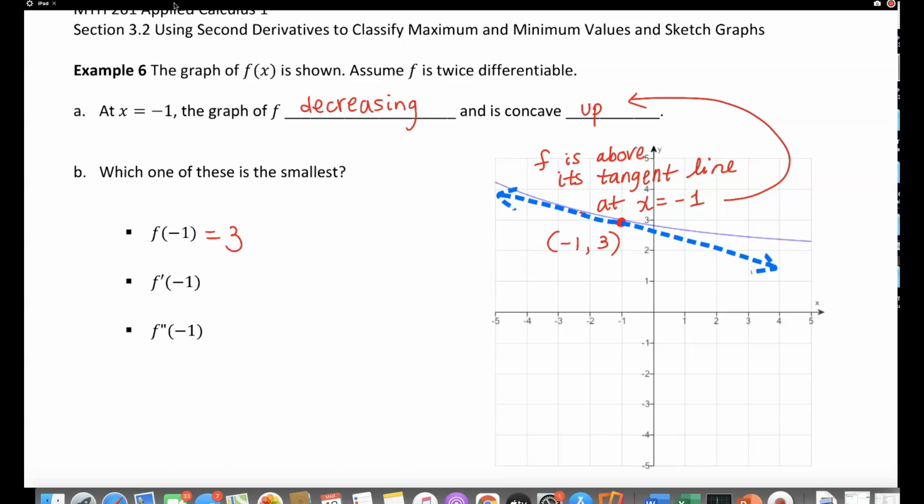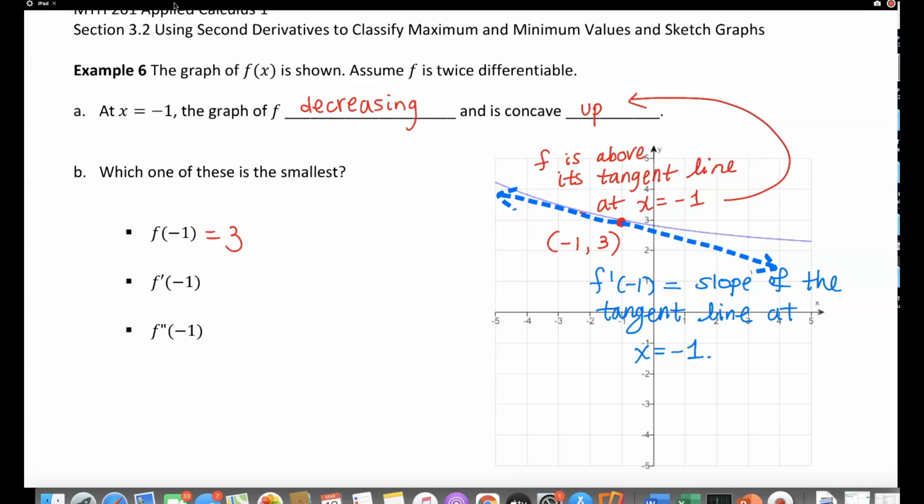What they are asking here is f prime of -1, which means the slope of the tangent line at x equals -1, without having the actual function. We can't really be sure, right?